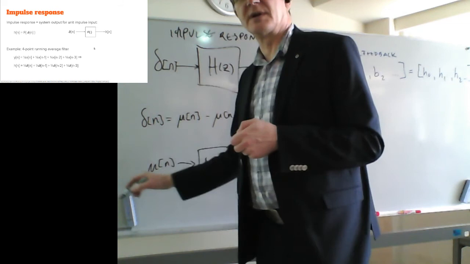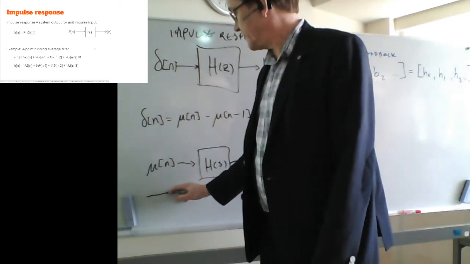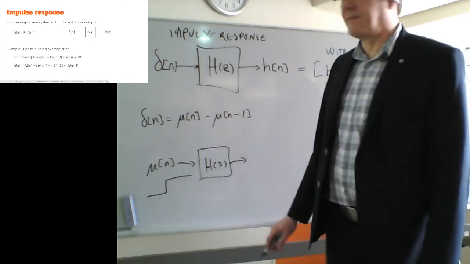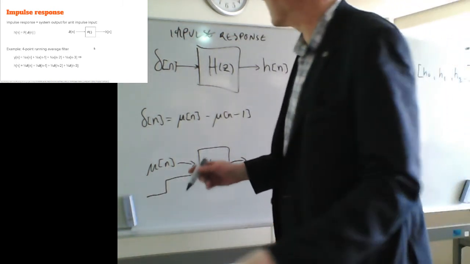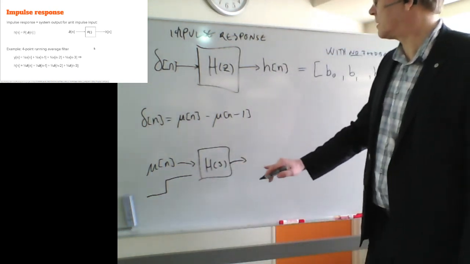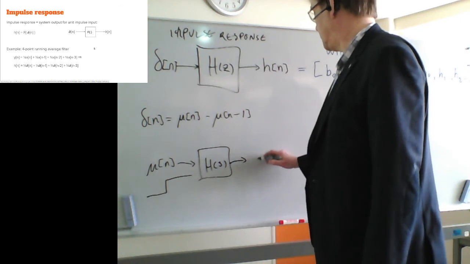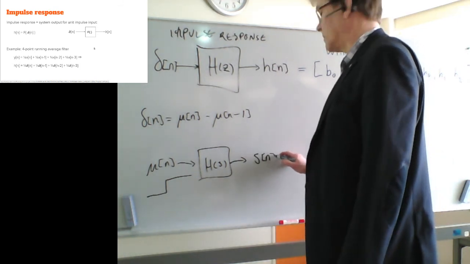So you run, for example, an audio system, you just take this step function from your sound blaster, or a function generator would be better, and just measure what comes out here. What comes out here is actually the step response that you are recording.